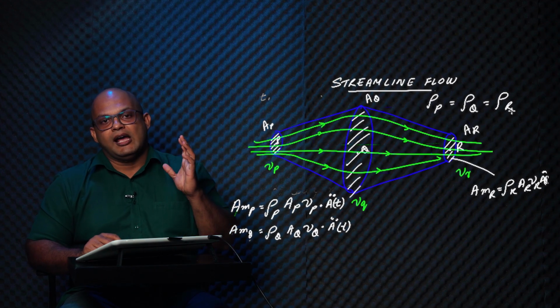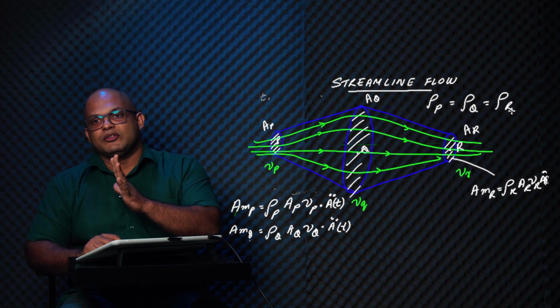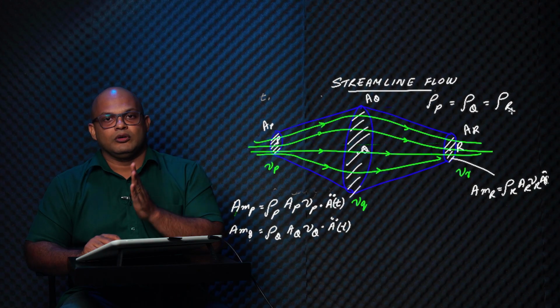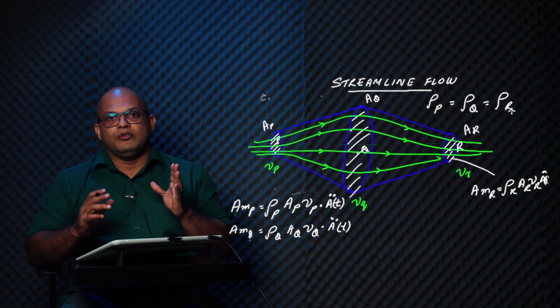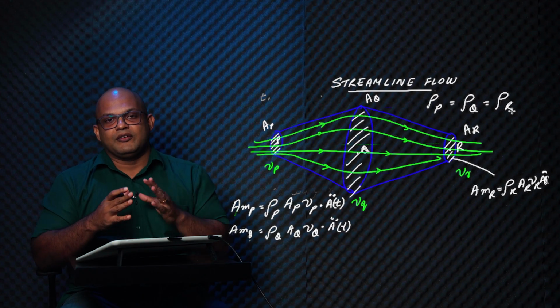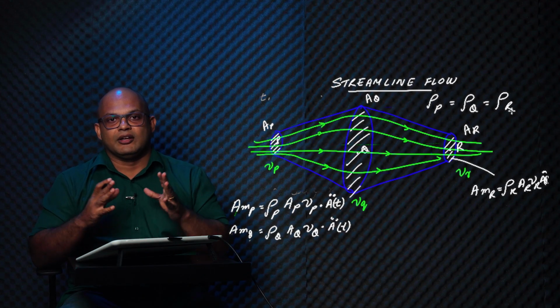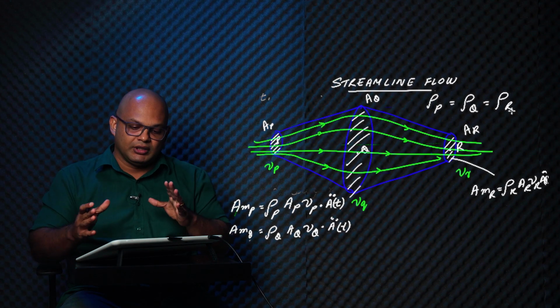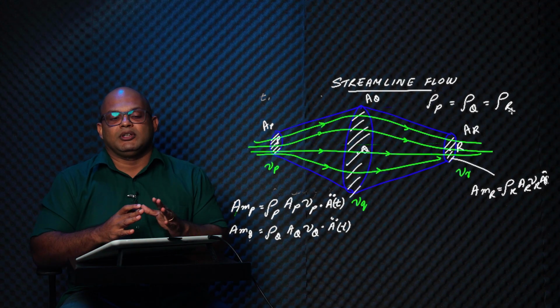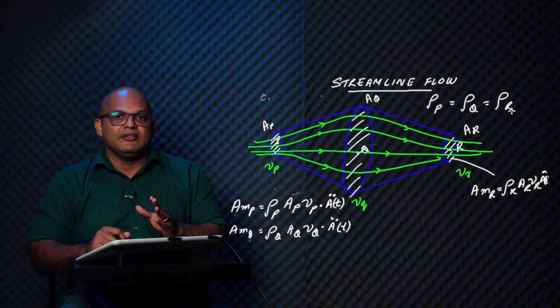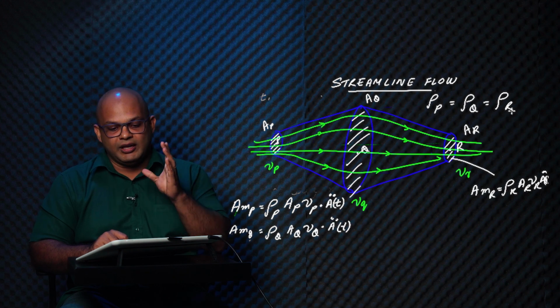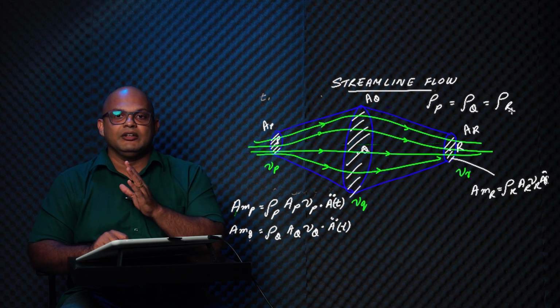In other words, as the water is traveling through this system, the density remains constant. Now, we can understand intuitively that if the density remains constant, there is no compression or expansion of the water, there is no change in density of the fluid as it is moving through the system. That means that the same mass is crossing any given area at any given time.